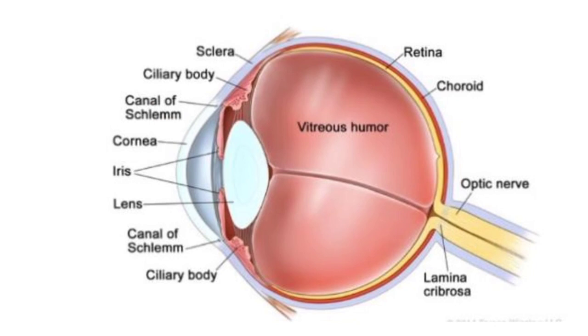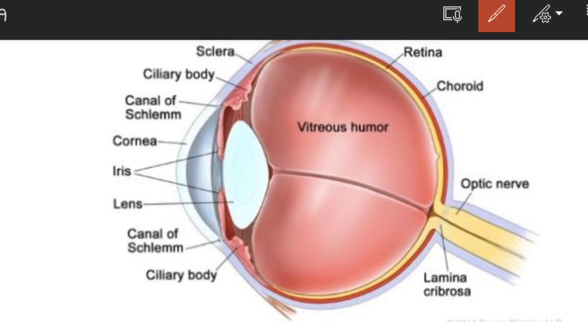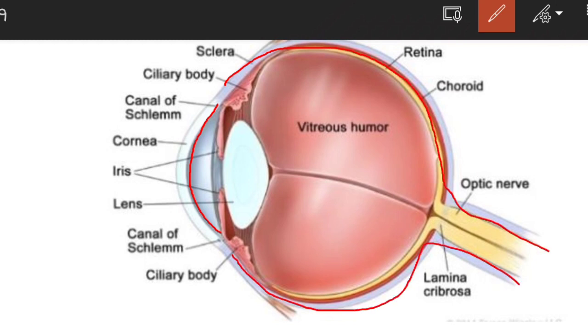Here you can see a cross section of an eye. In this image, this is the cornea, and these regions are the sclera. In this cornea, the front portion is the anterior portion and this portion is the posterior portion.